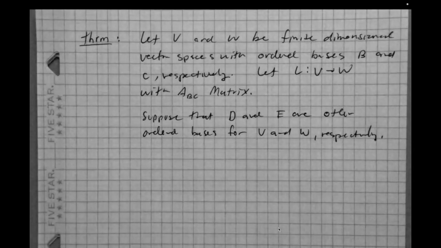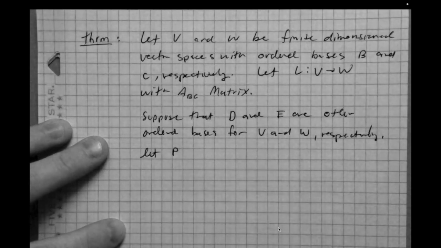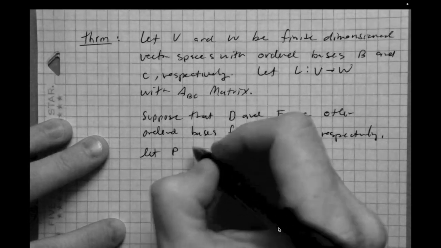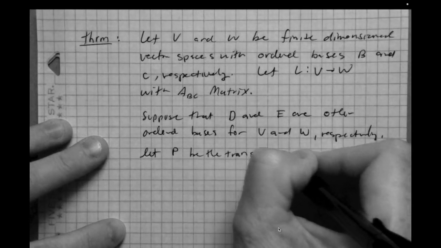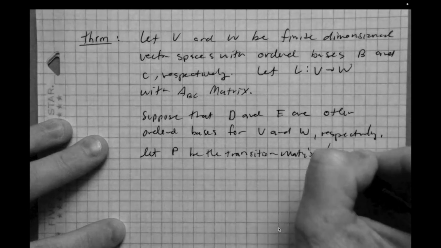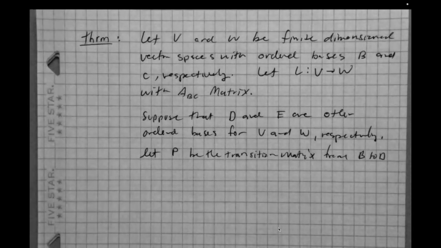So I've got separate, distinct ordered bases D and E. We're going to let P be the transition matrix from B to D. Remember transition matrix from B to D when we were talking about special bases in the previous sections.